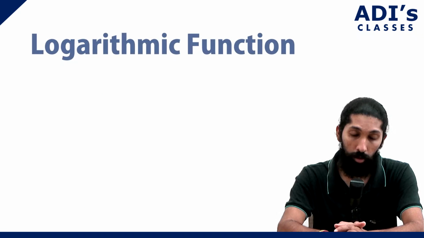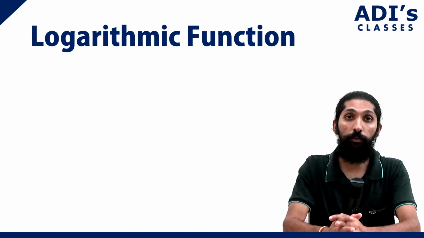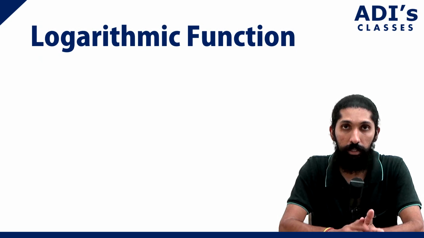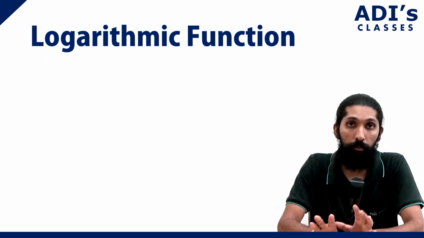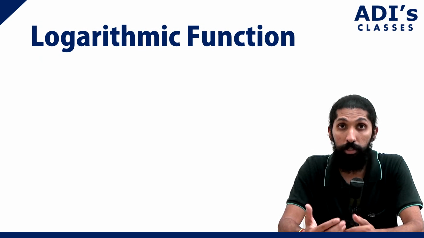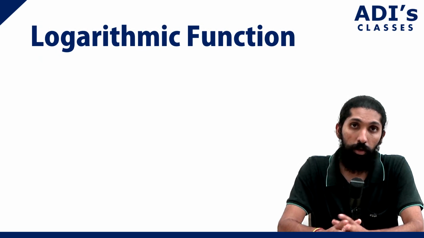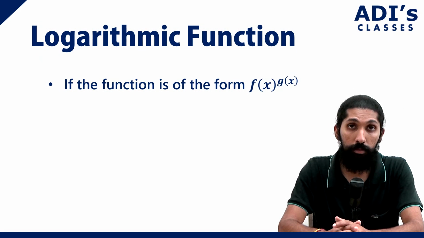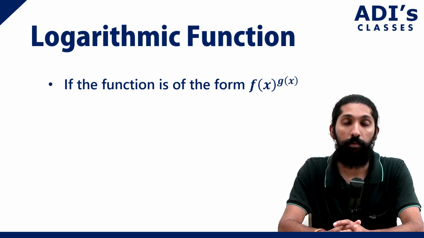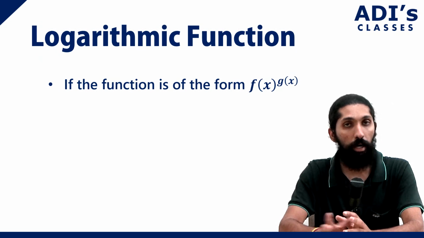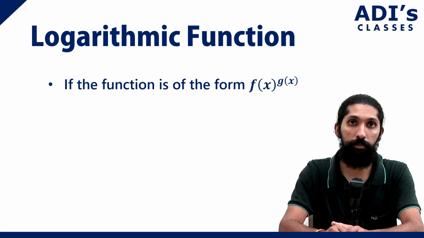Then we have the log function. Log functions are where you take log on both sides, both LHS and RHS. Under what situations do you need to take the log? When you have a function to the power of a function, like cos x to the power of sin x. To differentiate such functions, you need to take log and then apply the laws of logarithm.